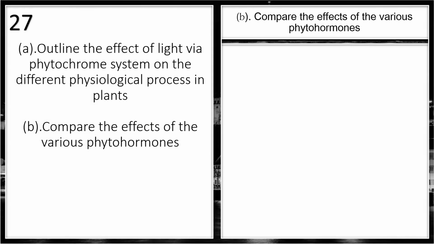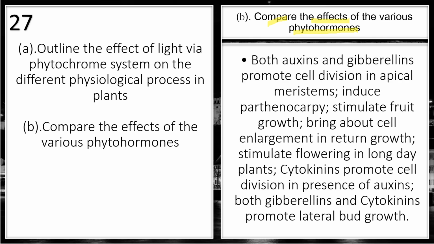Part B. Compare the effects of the various phytohormones. Both auxins and gibberellins promote cell division in apical meristem.